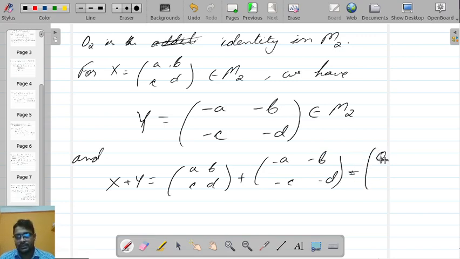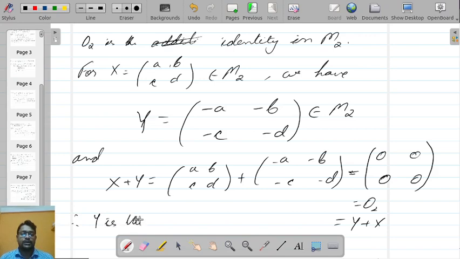A minus A is 0, B minus B is 0, C minus C is also 0, D minus D is also 0, which is equal to O2. Which is also equal to y plus x, we can verify, right? So y is the inverse of x.